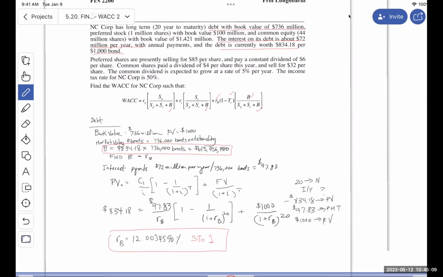And Daviana, bring your calculator here. Can you come on this side so you can see what I'm doing? Put a negative 97.83 payment and then 1,000.